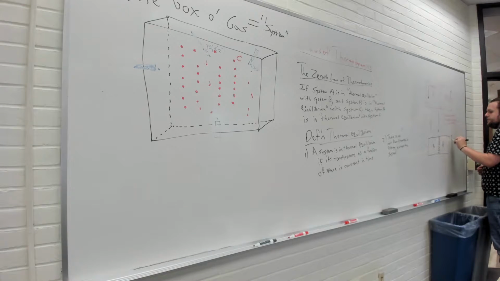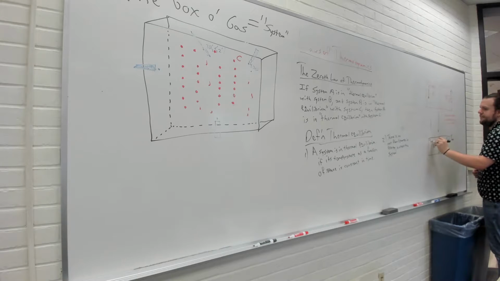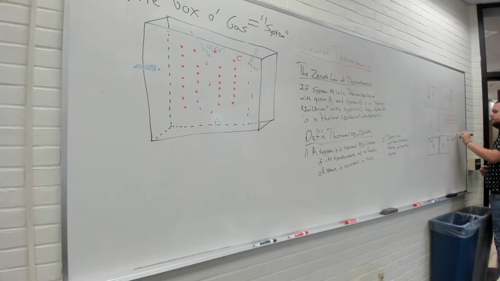And so the new temperature, they're both at T new, if everything's equal, will be the average of the two temperatures, divided by 2, whatever that number is. It's like 150 Kelvin, give or take.